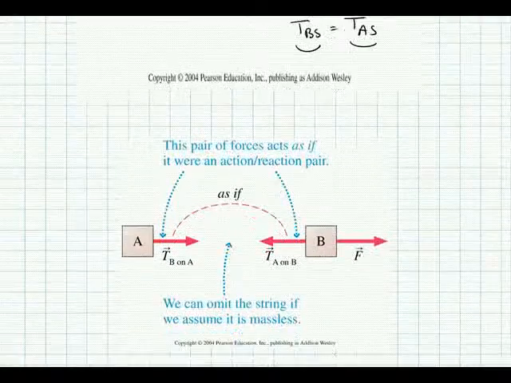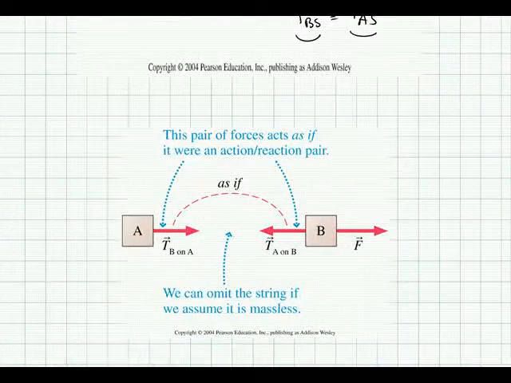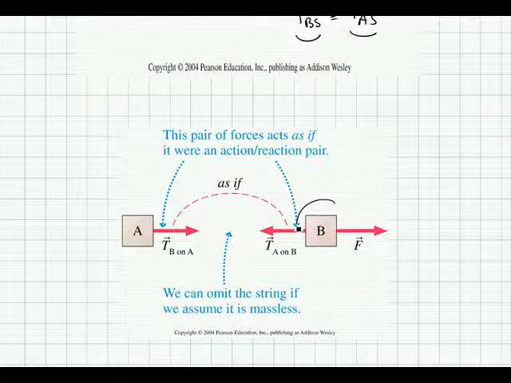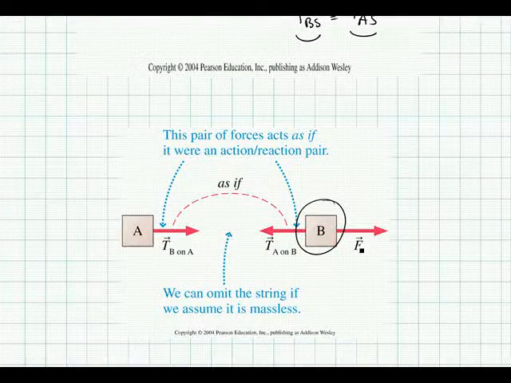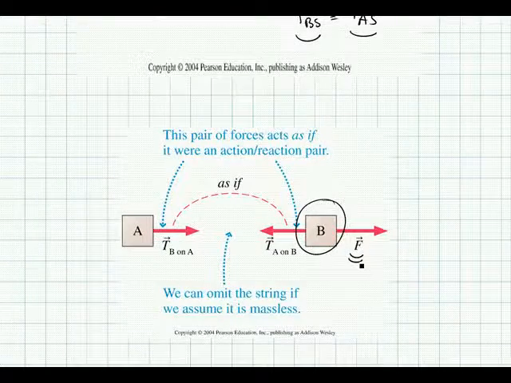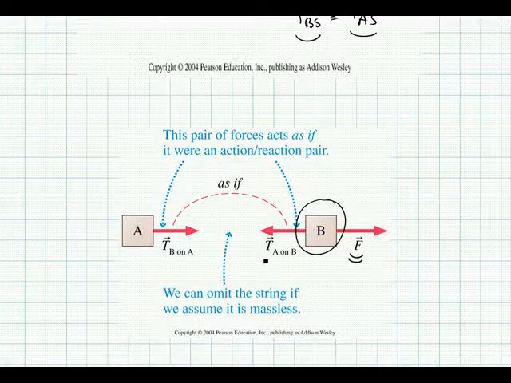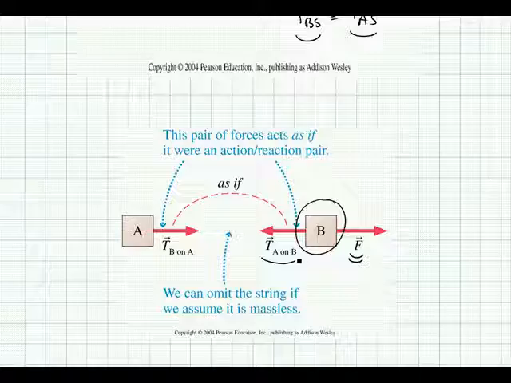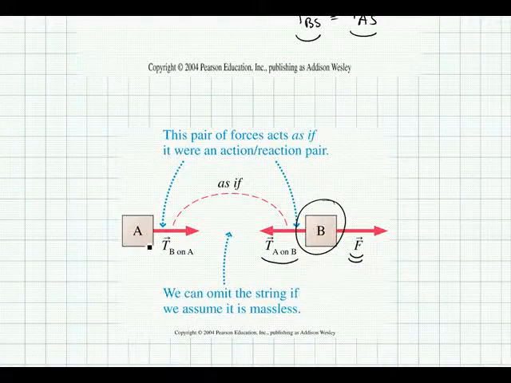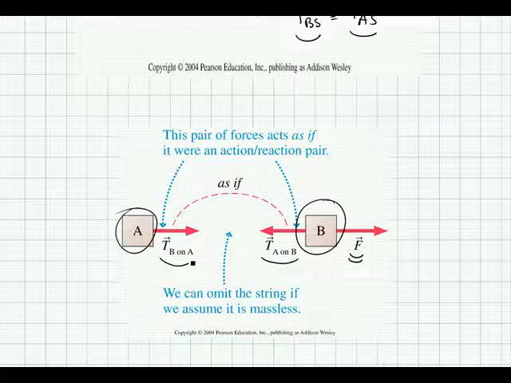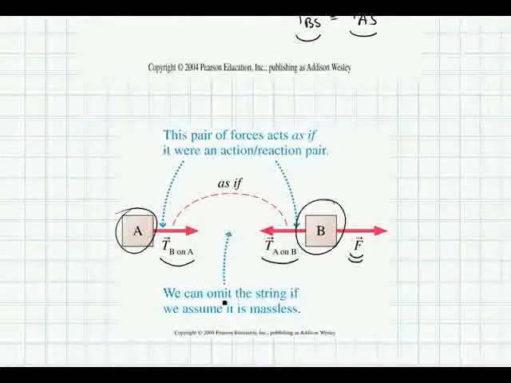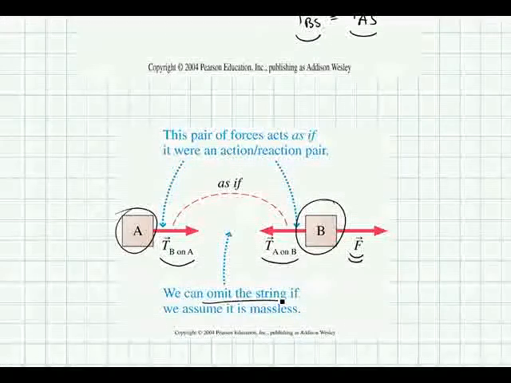This is the picture I wanted to find and pull. So here is object B, which is being pulled to the right with force F, and this is the tension on B. And this is object A, and that's the tension on A. Now what we've done is omit the string.